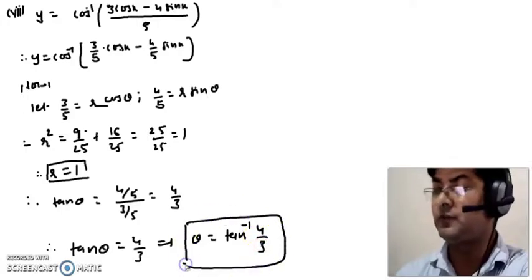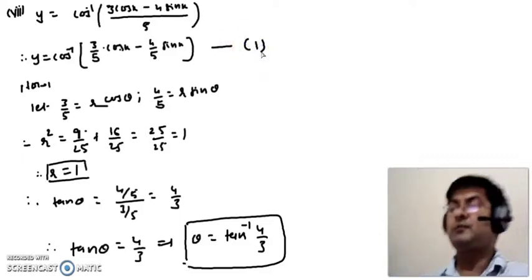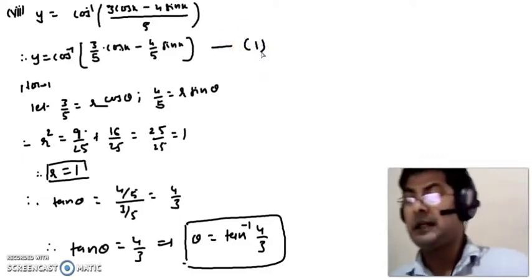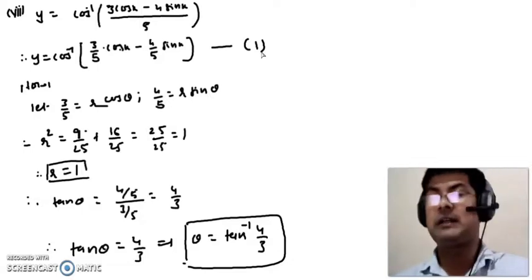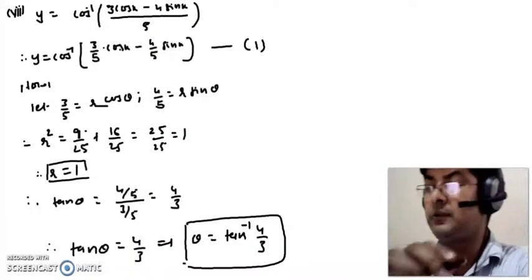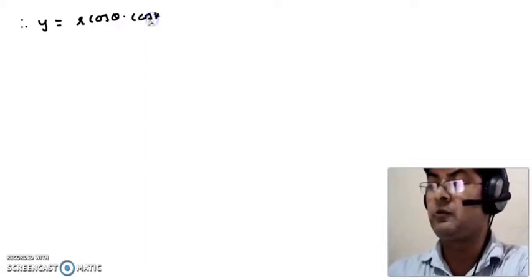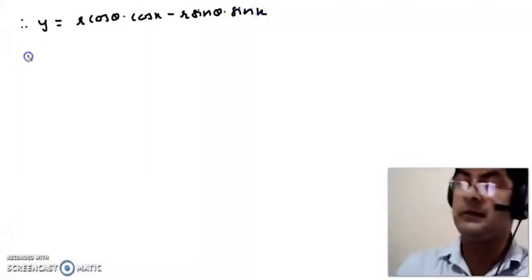Okay, now in equation 1, let us put for 3 by 5 r cos theta, and for 4 by 5 r sin theta. Therefore y is equals to r cos theta into cos x minus r sin theta into sin x.